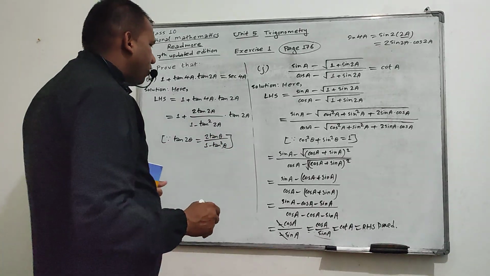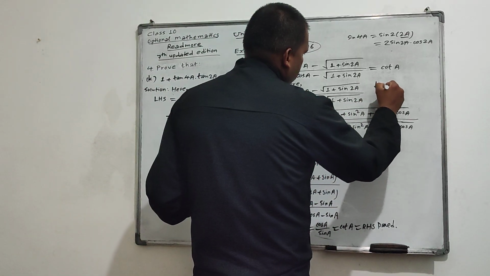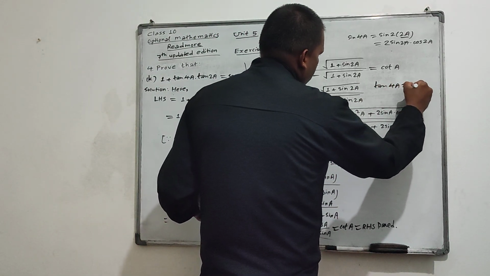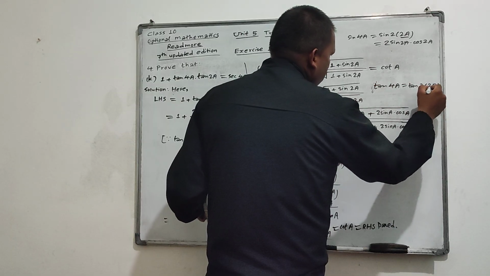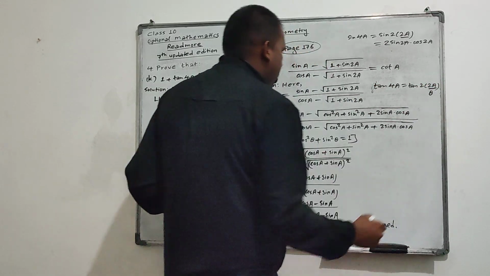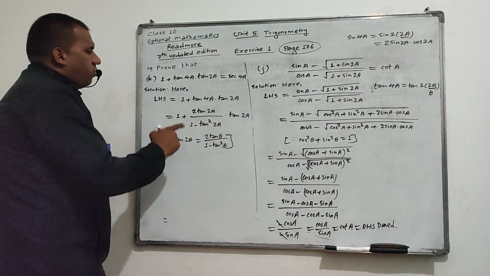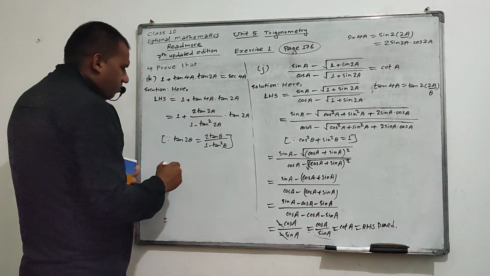Here tan phi equal to tan 2 times of 2a, so theta is here 2a.